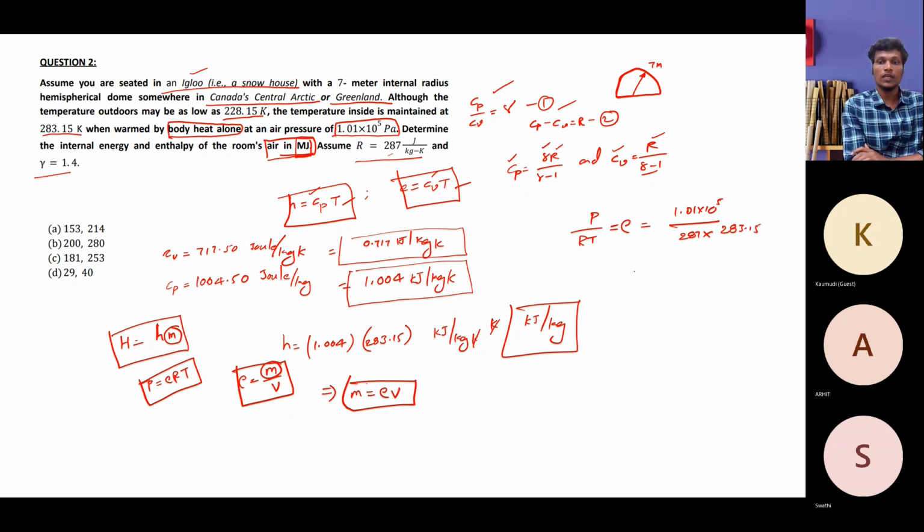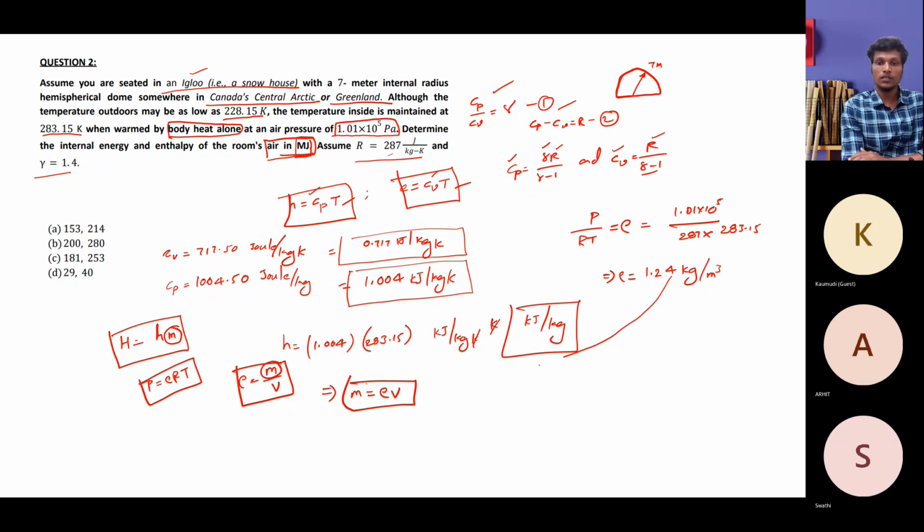The density of the fluid present inside this igloo is 1.24 kg per meter cube.